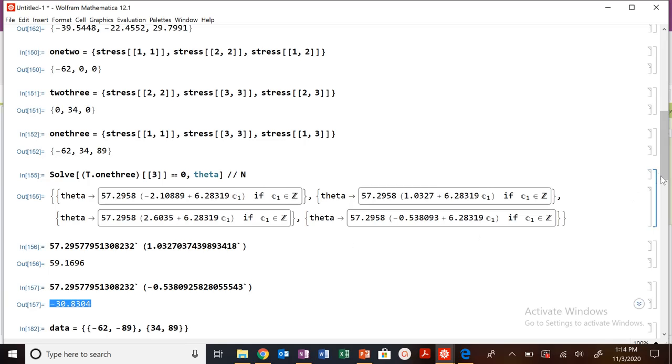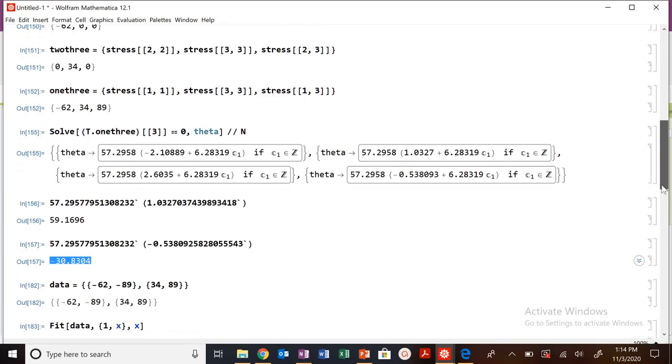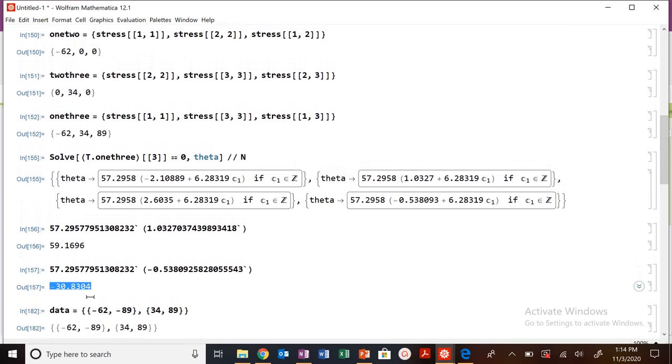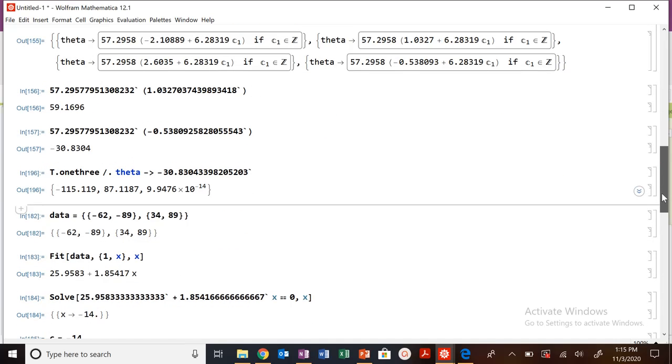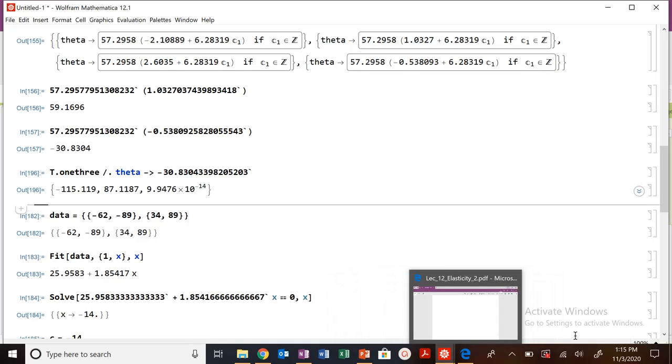So if theta goes to this, I'm going to get this expression. Again, 0 here, effectively 87, the same value we got for our Mohr circle. So let's go back over here.